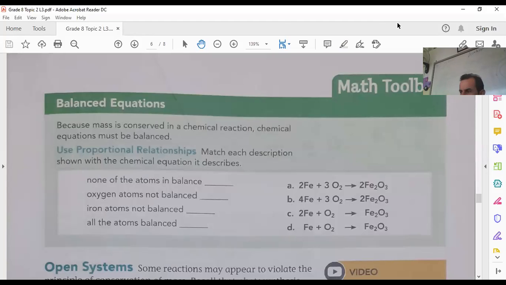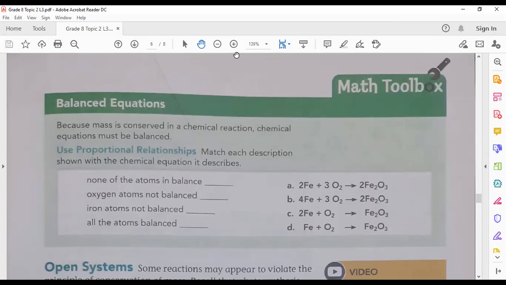B. We said that none of the atoms are balanced. Mohammad Jamal, can you answer? D. Yes, thank you very much. The first one is D.